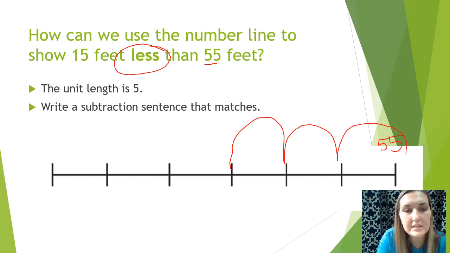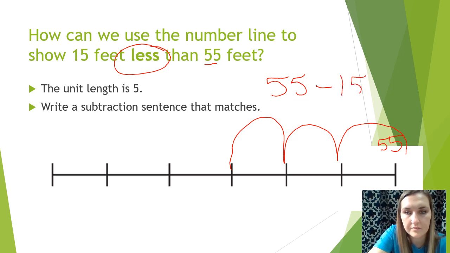Now, we need to write a subtraction sentence that matches. Write down the subtraction sentence that matches. Using the number line, let's count down until we get to our stopping point.